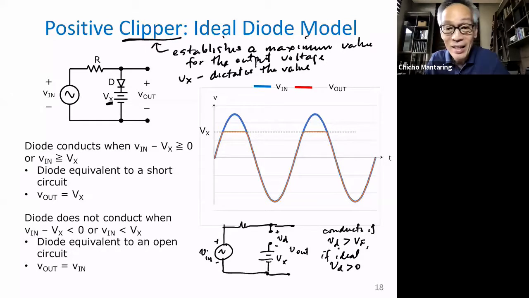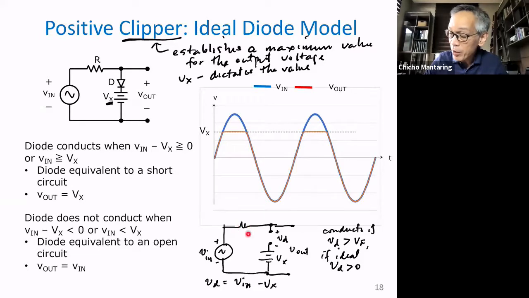Okay. I guess people are a little lethargic this afternoon. No? V of D is just V in minus V of X. No? Wala kang voltage drop dito dahil open circuit to. So V of D is just V in minus V of X.